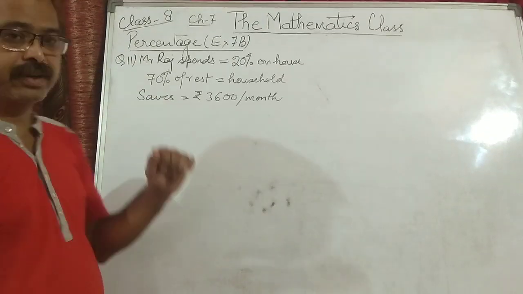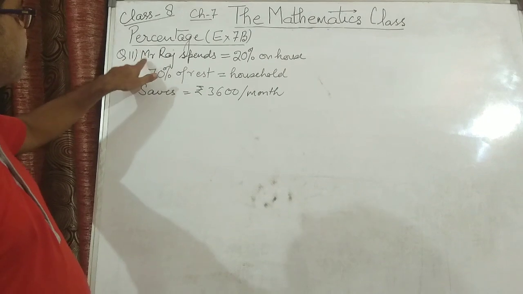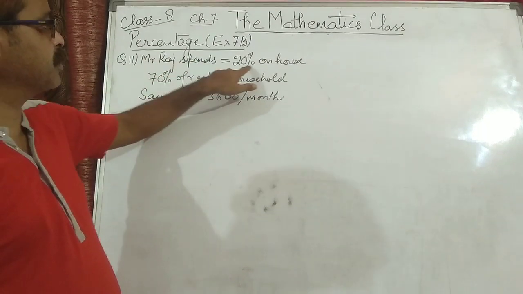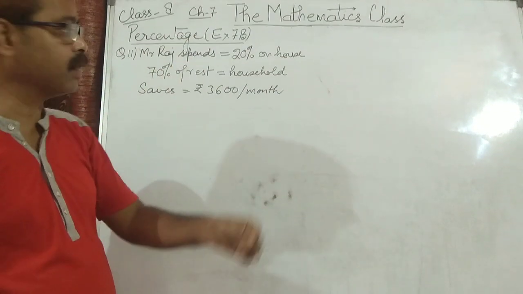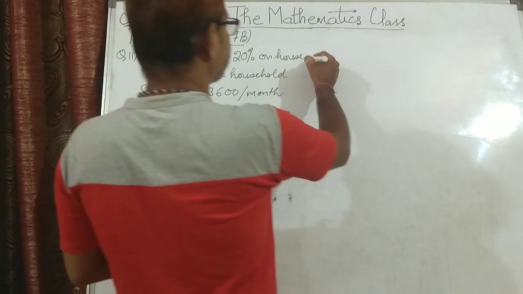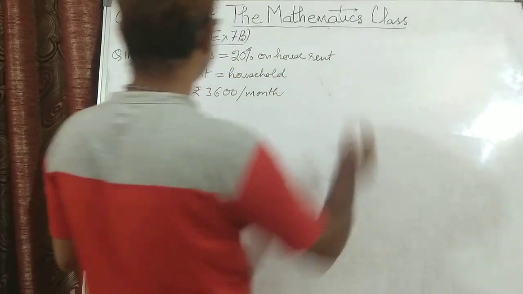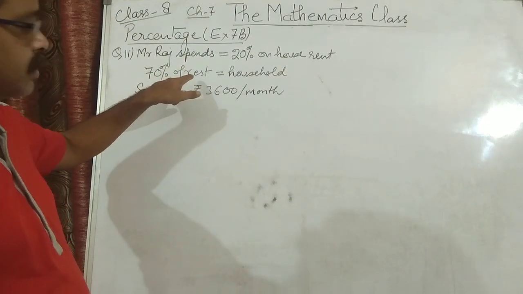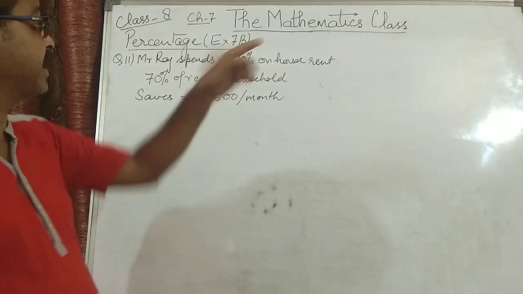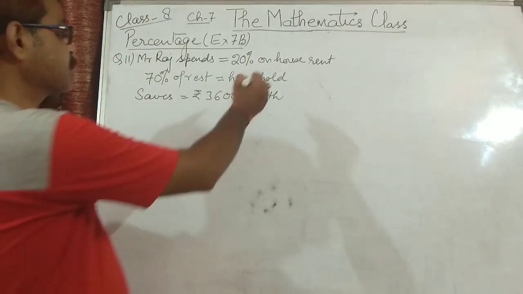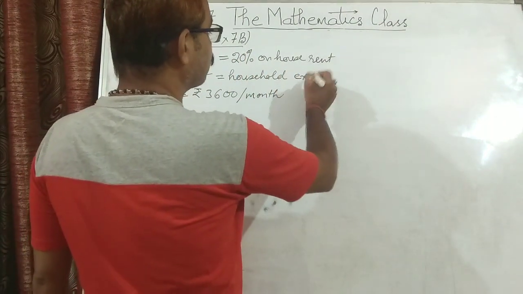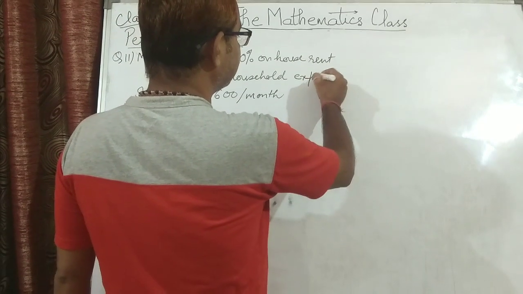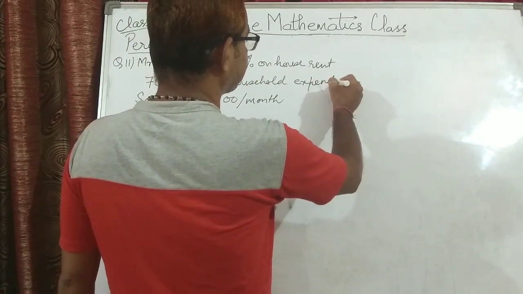Now question number 11. Question reads, Mr. Raj spends 20% of his income on house rent. And 70% of the rest, whatever is left over after spending 20%, he spends on household expenditure.